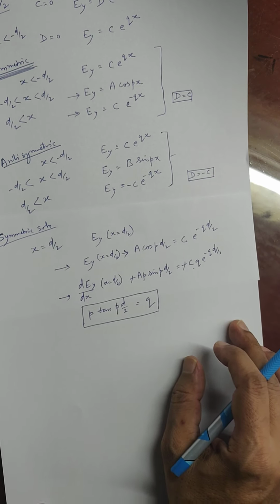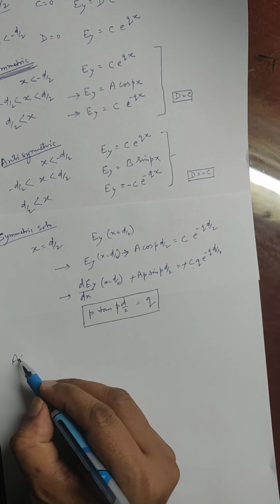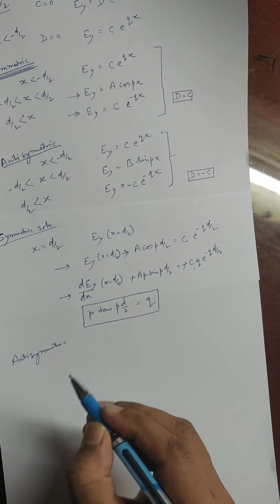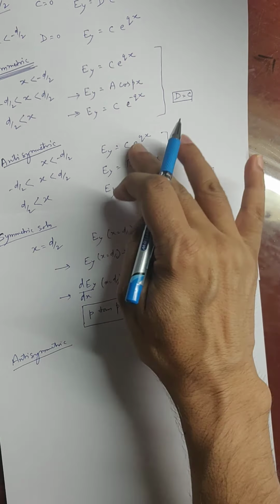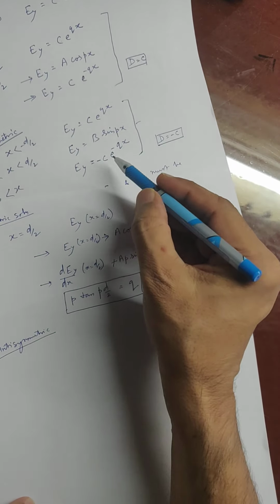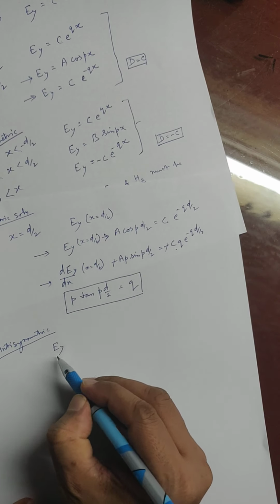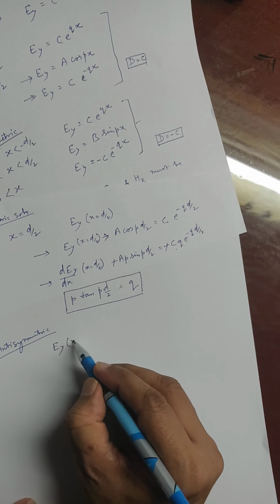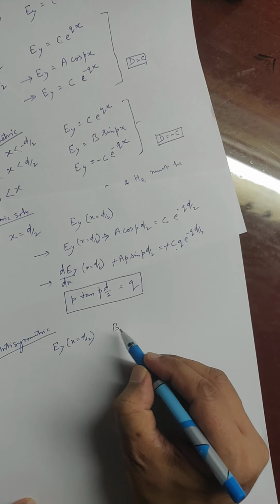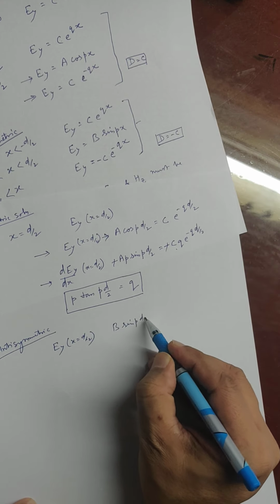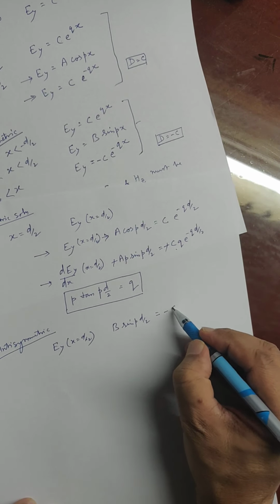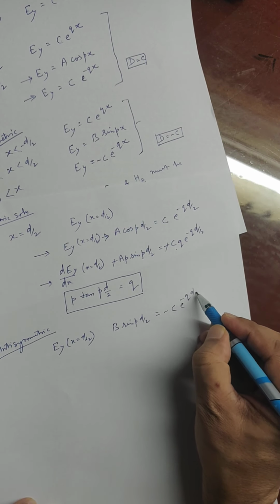This is for symmetric. Even at x equal to minus d by 2, it would be the same as this equation. And let's take the other one, the antisymmetric case. For the antisymmetric solution, you have these three equations. Now again, when you put the condition that EY at x equal to d by 2 must be continuous, then here it would be B sin p d by 2, and this should be equal to minus C e to the power minus q d by 2.